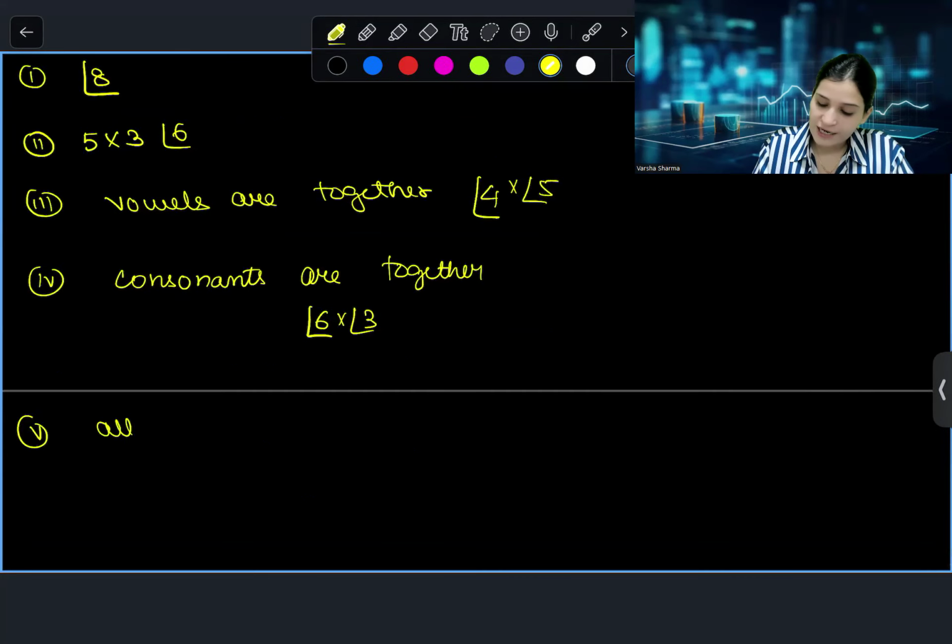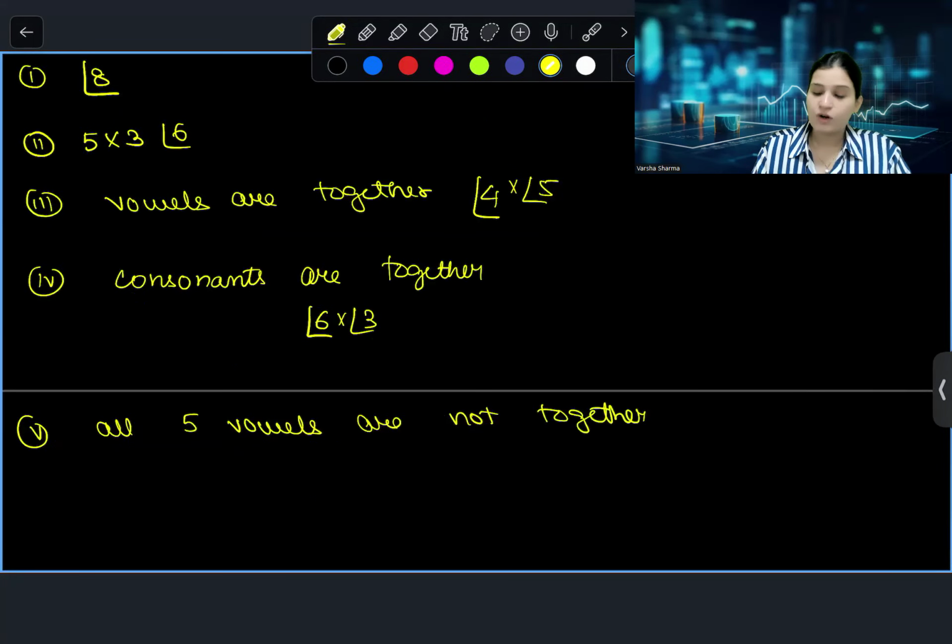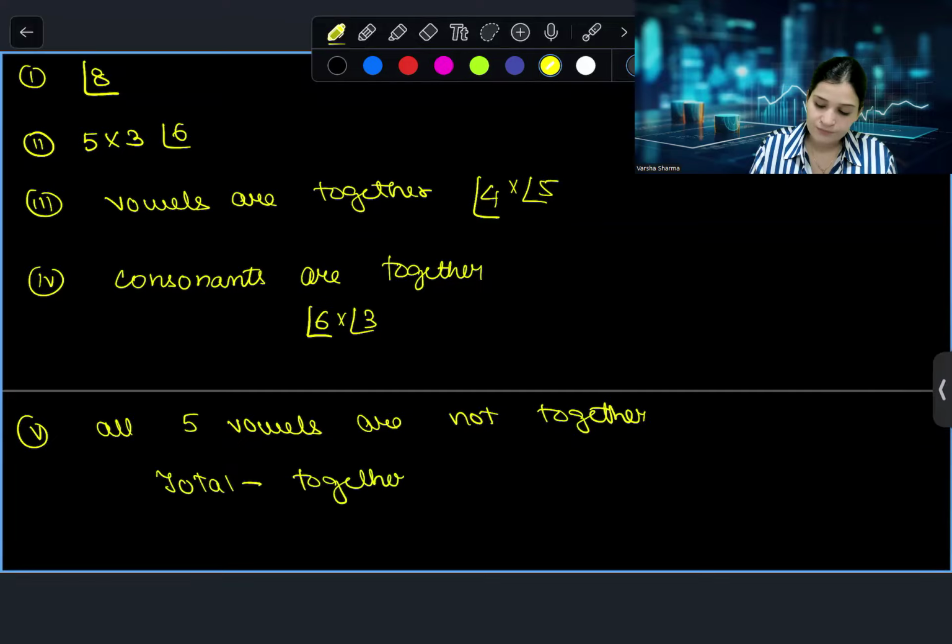All 5 vowels are not together. Whenever you see the words all are not together, it is always total minus together. So total was factorial 8.